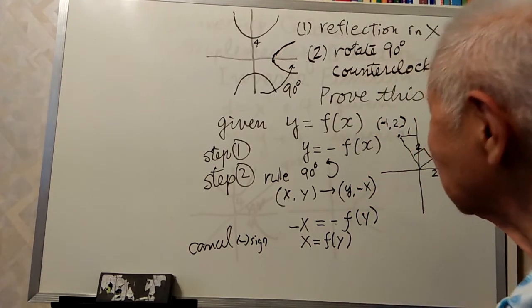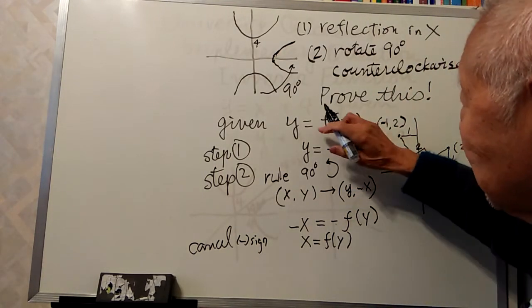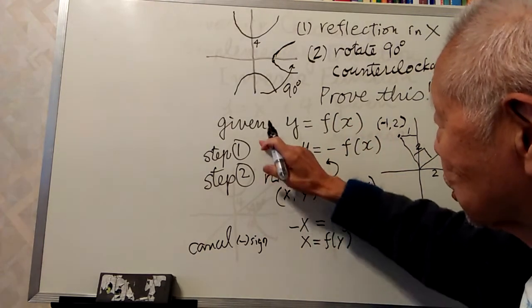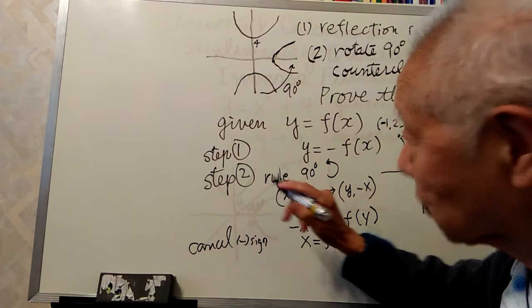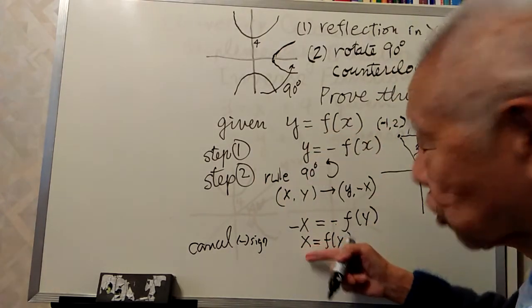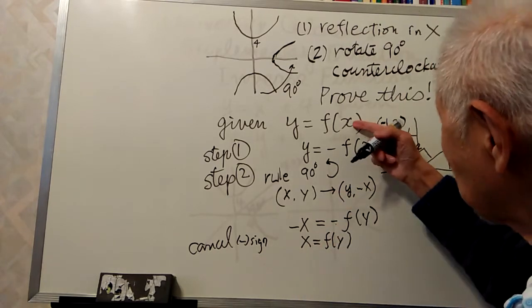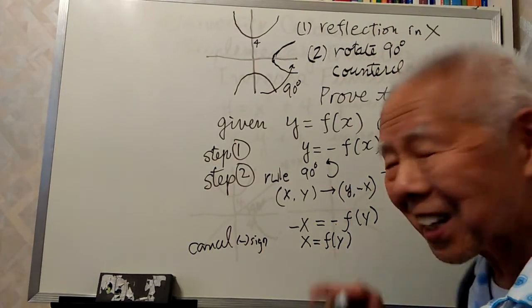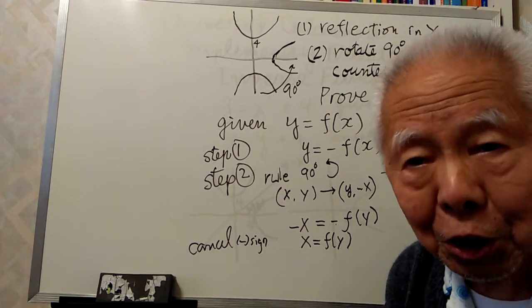Look, this is the given function. This is our result after the 2 steps. What does this tell us? I change y to x. I change x to y. Therefore, this is exactly the inverse function.